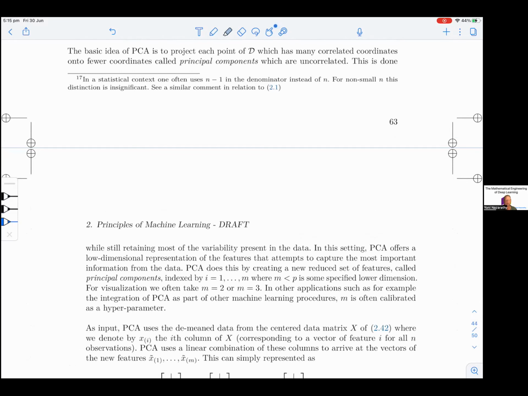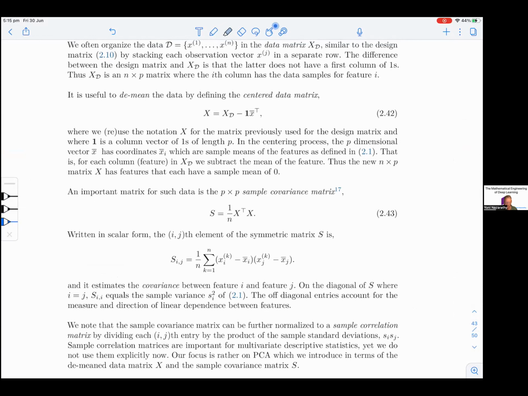Written in scalar form, the ijth element of the symmetric matrix S, which is the covariance matrix, is S_ij, which is the sum over all observations k of the kth observation's ith feature minus its mean, times the kth observation's jth feature minus the feature mean.